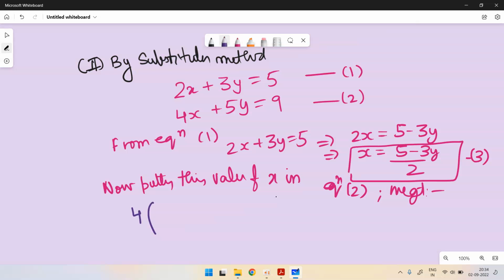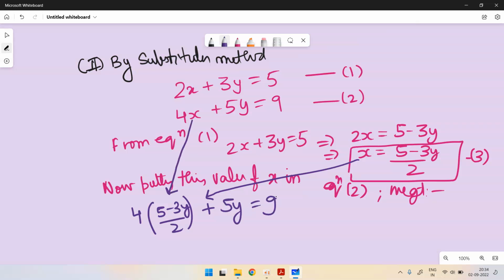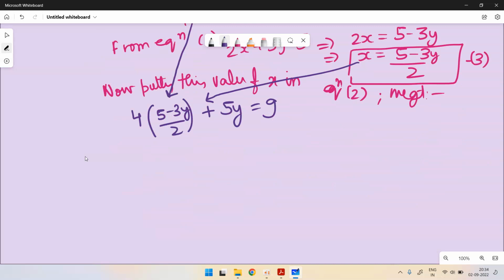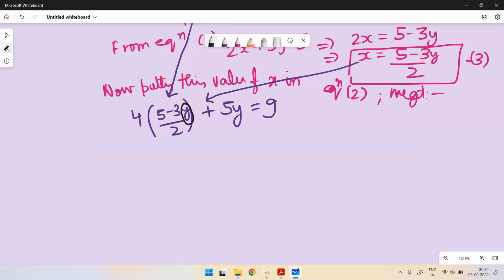If you substitute the value of x from here, the value of x is (5 minus 3y)/2, plus 5y equal to 9. See, I'm just rewriting this equation here by substituting the value of x. So now you see that there is y here also.